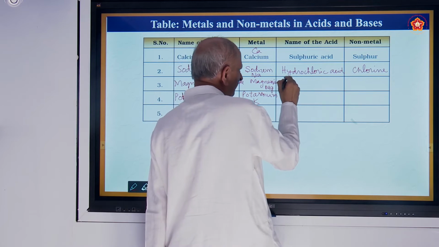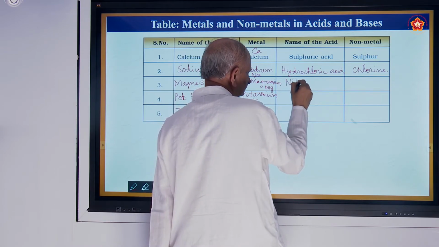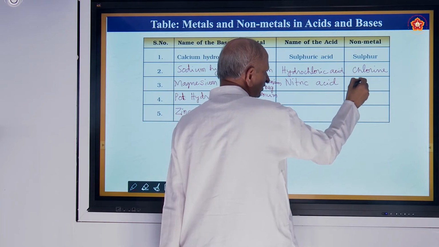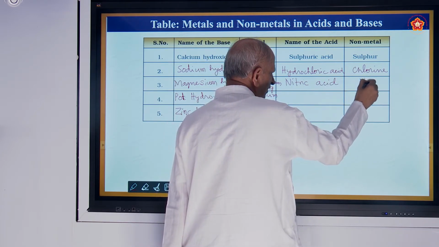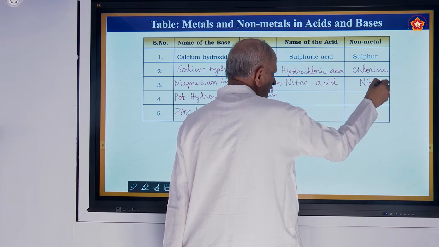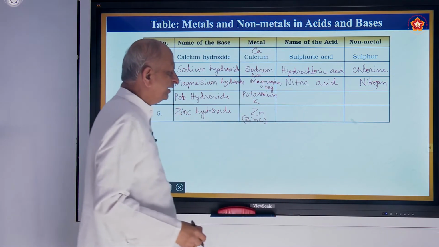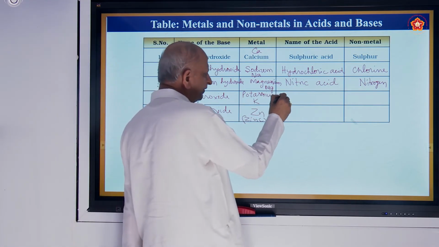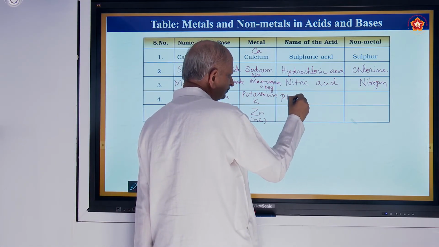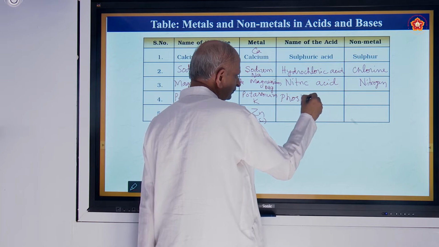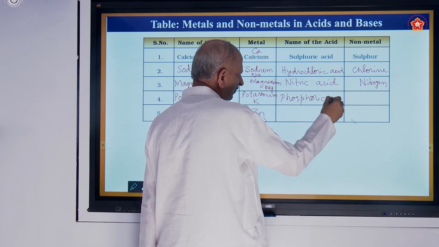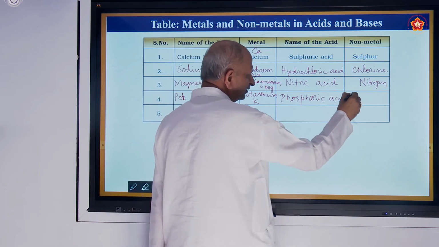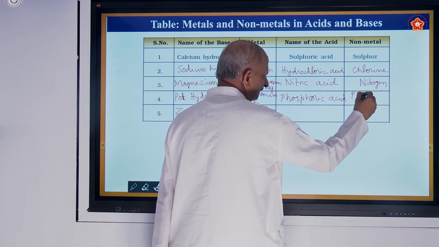Okay, then you have nitric acid. The non-metal is nitrogen. Note it down. Similarly, you have phosphoric acid. What is the non-metal here? The non-metal is phosphorus.